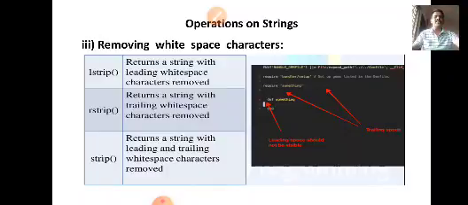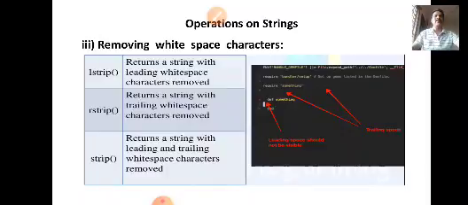Especially these functions are useful whenever you enter a username and password. Suppose unexpectedly we press the space bar, so blank spaces are produced inside the text box without our knowledge. Whenever any single blank space occurs inside the text box, it displays an invalid username and password.